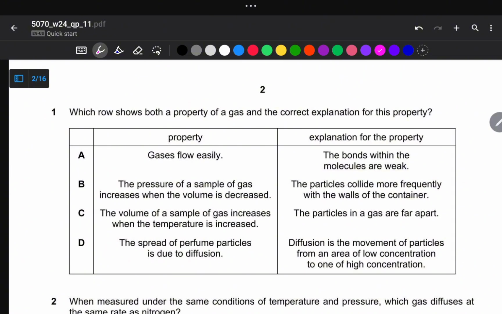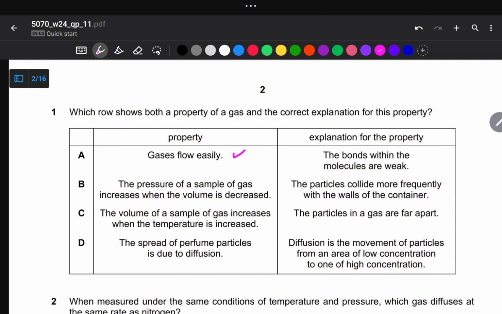So for multiple choice questions, we use the method of elimination to find the most appropriate answers, right? So here for this table, we show the property and the explanation to the property. So I'm going to use the method of elimination so that we are left with the most appropriate answer. So the first option says gases flow easily. So this is true. Gases flow easily.